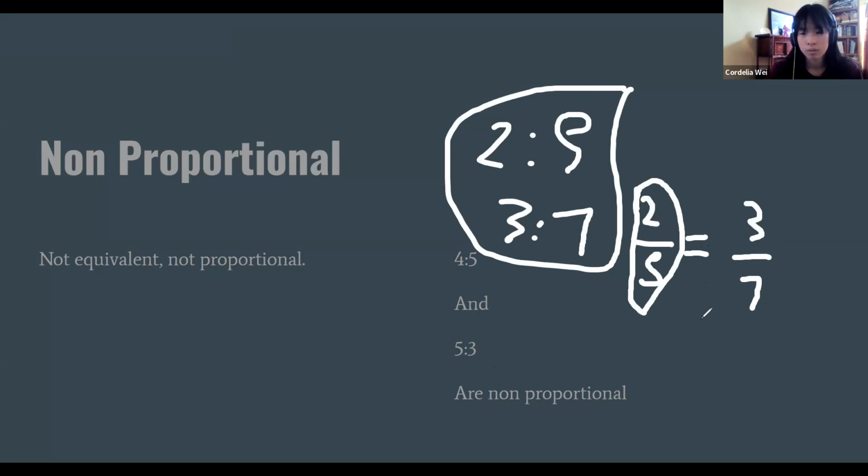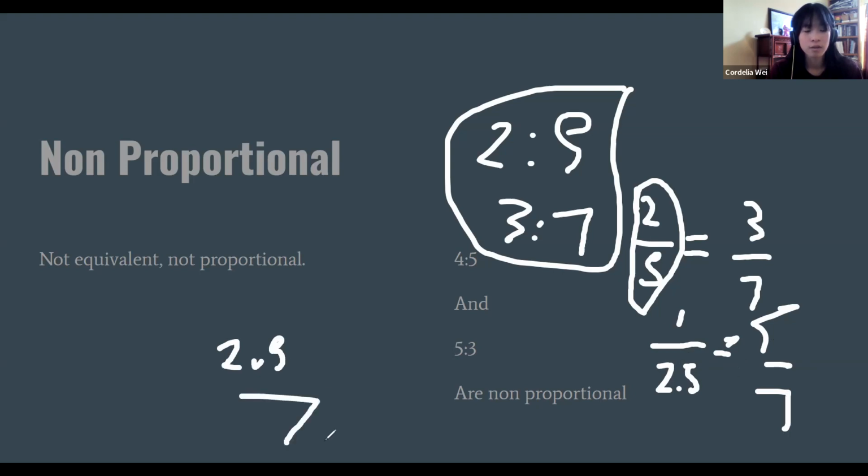So you do 2 divided by 2, which equals 1 over 2.5, and compare to 3 over 7. You multiply 1 by 3 so it has the same numerator, to see if you can have the same denominator. And 2.5 times 3 is 7.5. So these two ratios are non-proportional. You barely missed it by a hair, because 7.5 would have been proportional to 2/5.